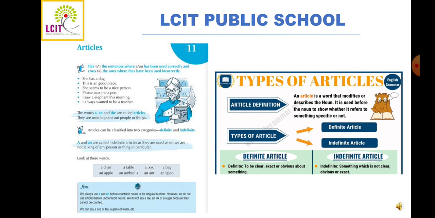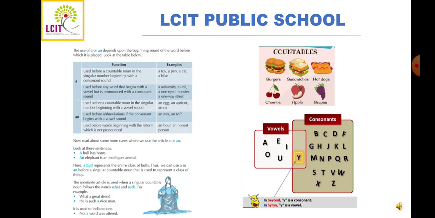When you are learning about articles, you should know about countable and uncountable nouns. Countable nouns are the things which you can count, and the things which you cannot count, like milk and water, are known as uncountable nouns.